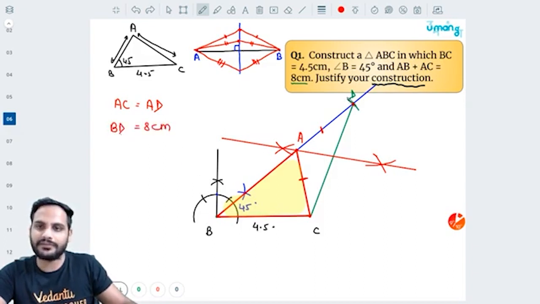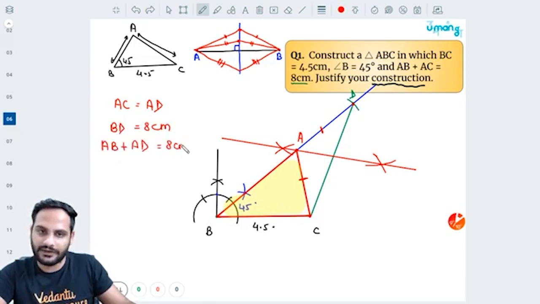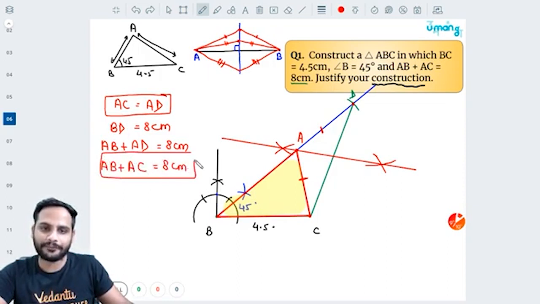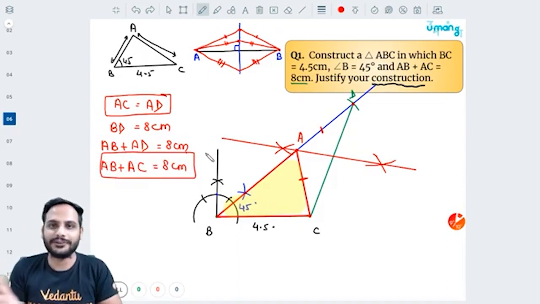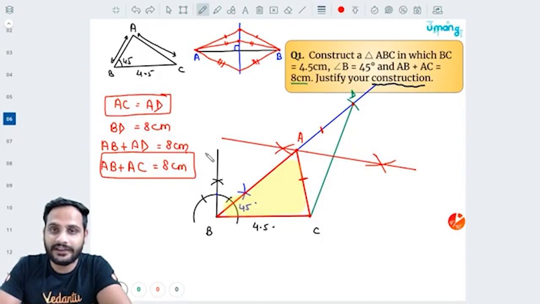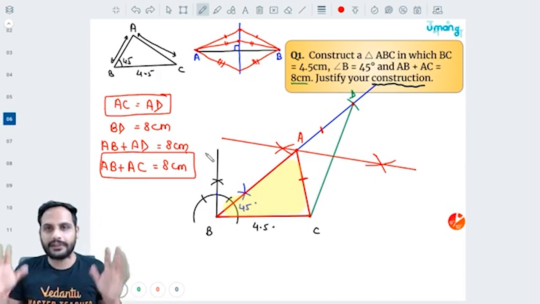I have done it by using scale, and BD is equal to AB plus AD is equal to 8 centimeter. Since I know AC and AD are equal to each other, in place of AD I can write AC as well. So AB plus AC is 8 centimeter. That is what you wanted, right? So this is how you can justify your construction. Got it? So this is how this question will be solved.